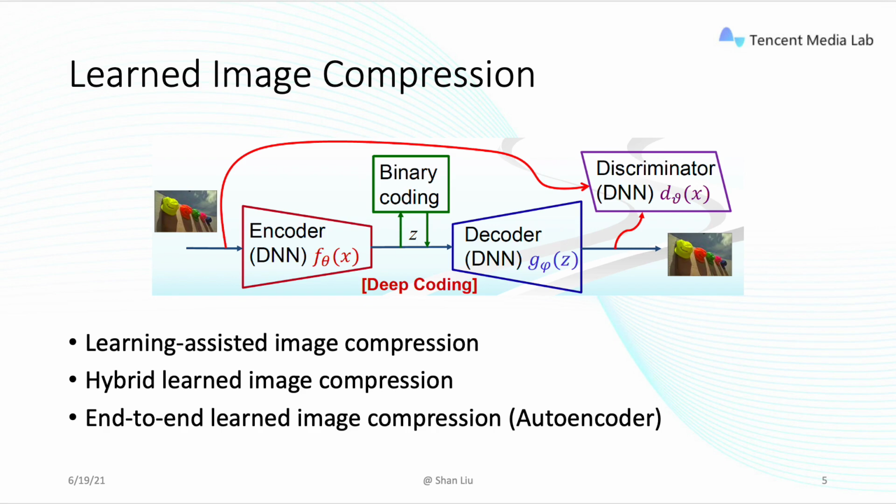Deep learning has demonstrated its super capability of solving computer vision and image processing problems in the last decade. Witnessing such success, researchers and engineers are motivated to investigate learning-based technologies for image and video compression.